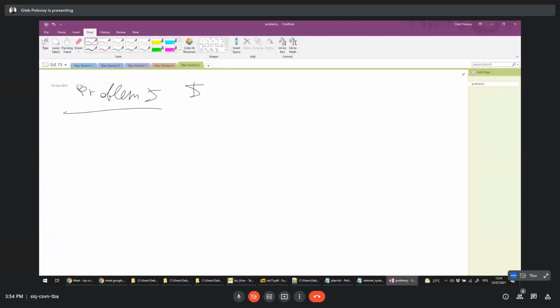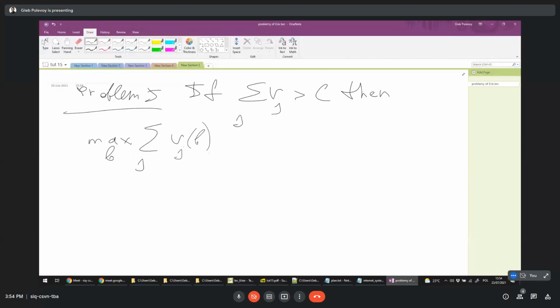If the sum of the utilities of the citizens is greater than C, then when you look at the maximum of the sum of the utilities of the citizens, and you don't care about the government, and then you subtract from that the maximum of the sum of the utilities of the citizens.